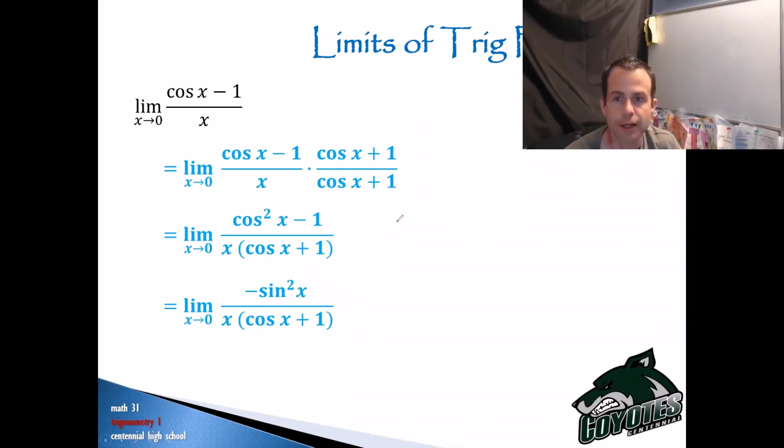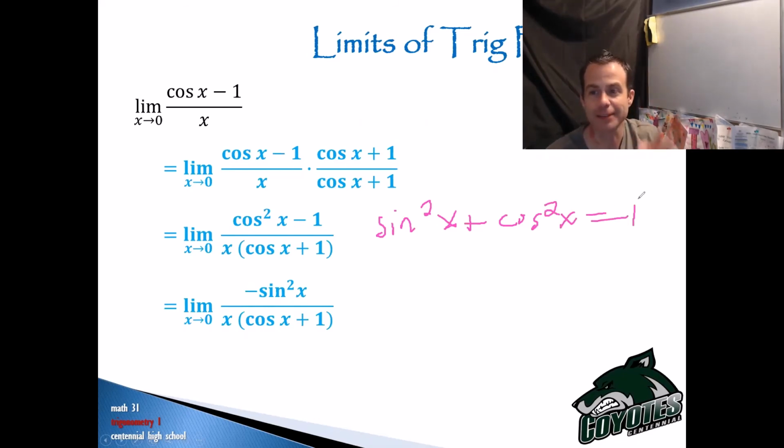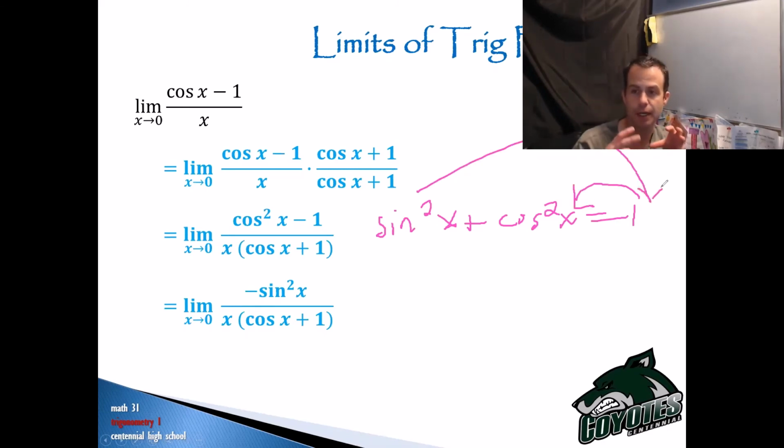So let's have that conversation really quick. The Pythagorean identity is sine squared x plus cos squared x equals 1, right? So if I have cos squared x minus 1, that means I brought this guy over here and that guy over here. So that's where that becomes negative sine squared x.